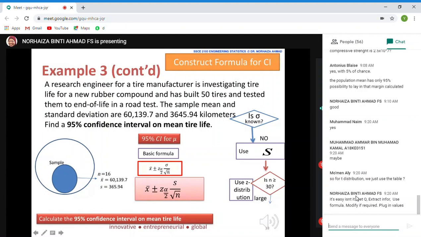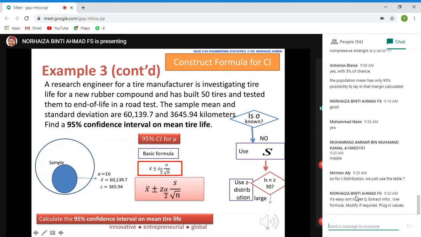But the issue that students have is actually the extracting of the information. Because if you're extracting it wrongly, then you will get a different answer.